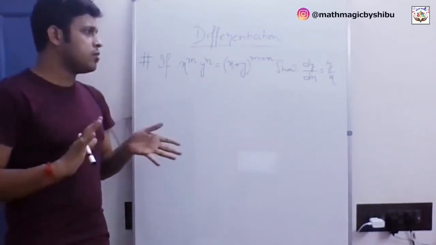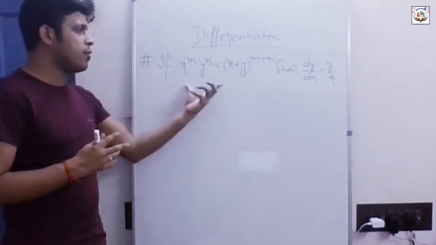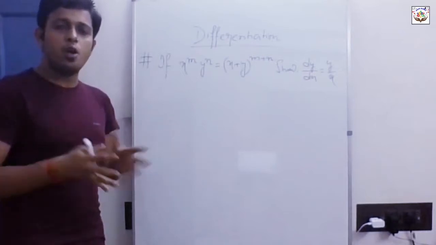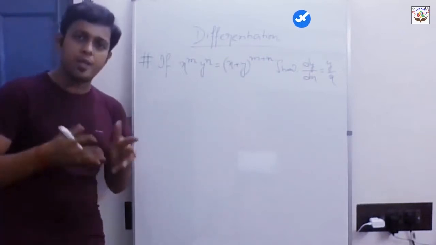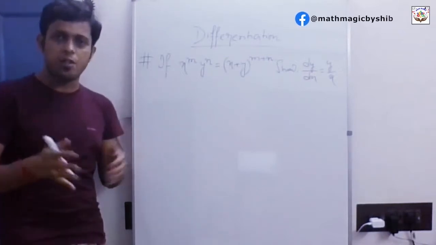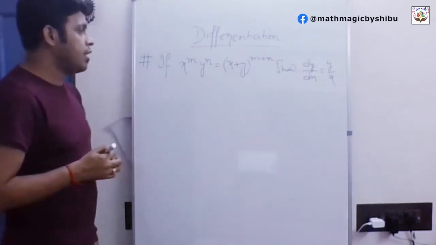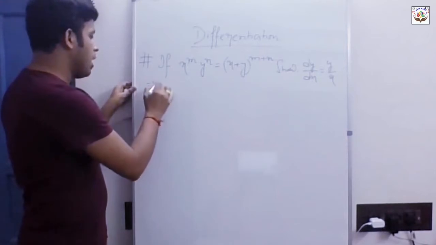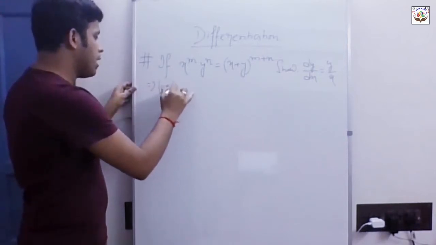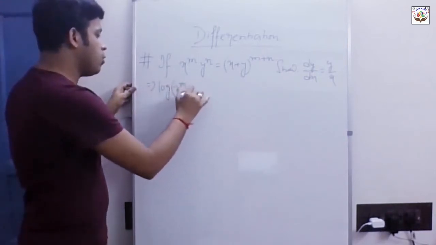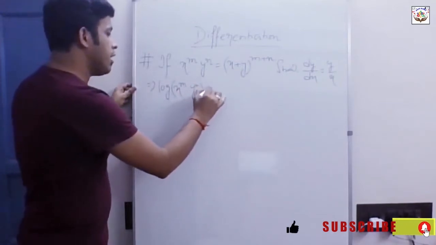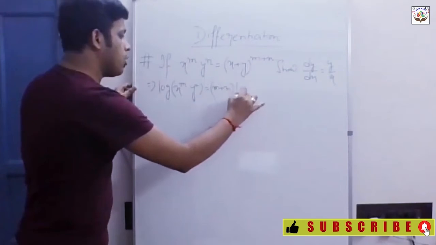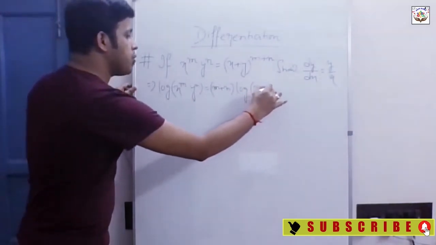I hope you can understand that this kind of expression can be simplified only by imposing log on both sides, as I have mentioned in earlier videos on differentiation also. If we impose log on both sides, what will I get? I will get log of x to the power m into y to the power n equals m plus n log of x plus y.